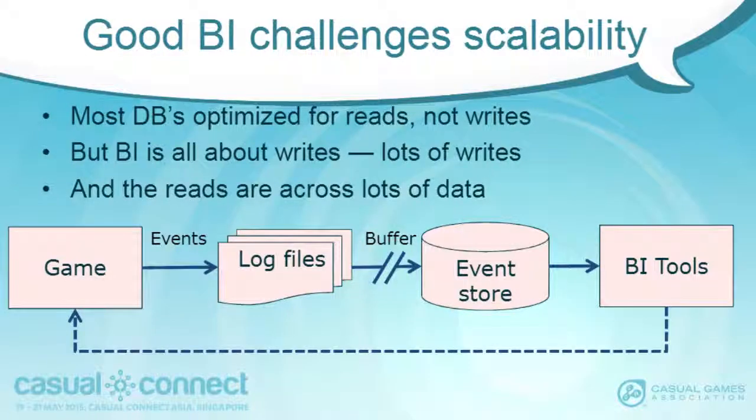In terms of BI, good business intelligence, good game analytics is really, really hard. This is why there's so many analytics companies out there trying to compete for analytics, because it's really hard to do. Most databases are optimized for reads, not writes. And yet most BI for games is all about the writes, not the reads. Because if you think about the game, you're constantly dumping data nonstop, and then you're not actually analyzing it very often.